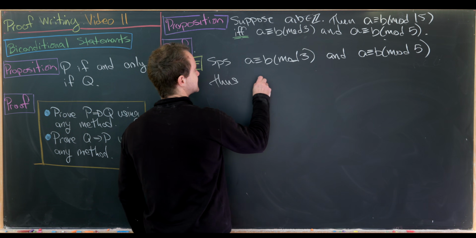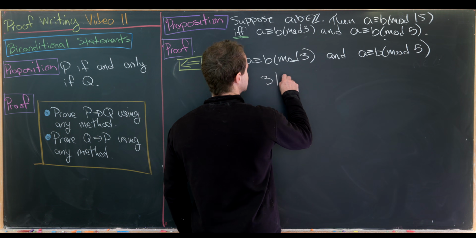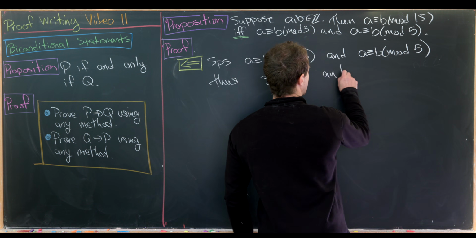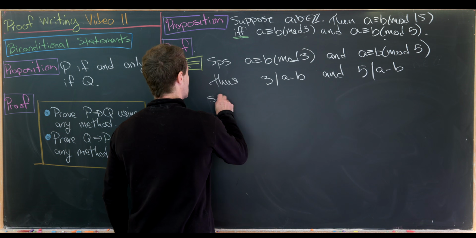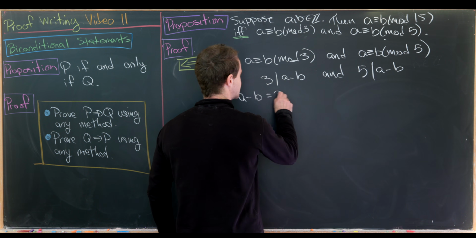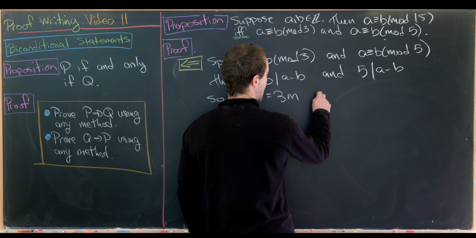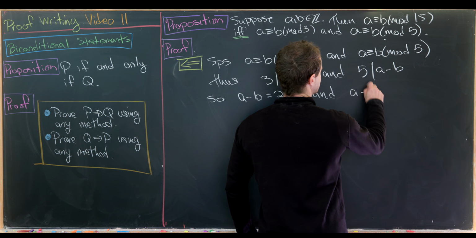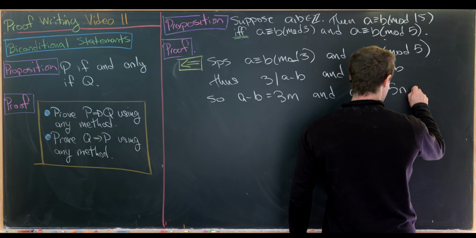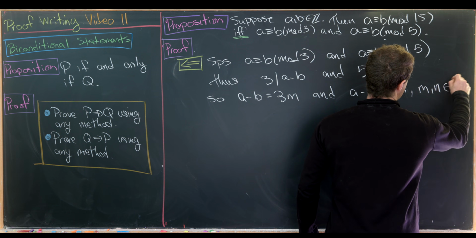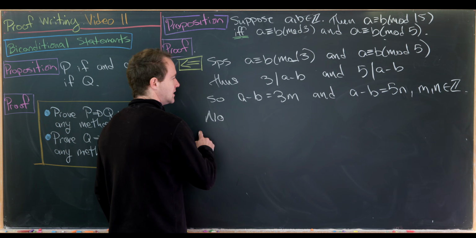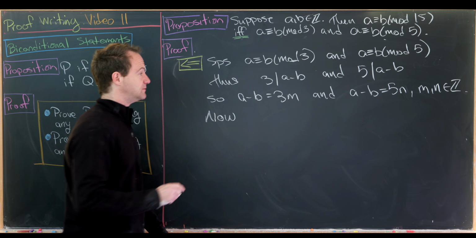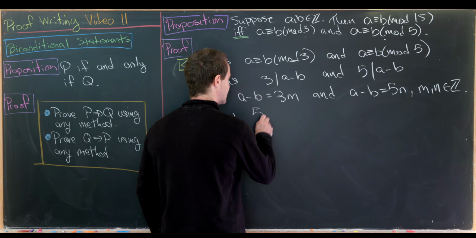So thus 3 divides a minus b and 5 divides a minus b. So a minus b is equal to 3m and a minus b is equal to 5n, where m and n are appropriate integers.